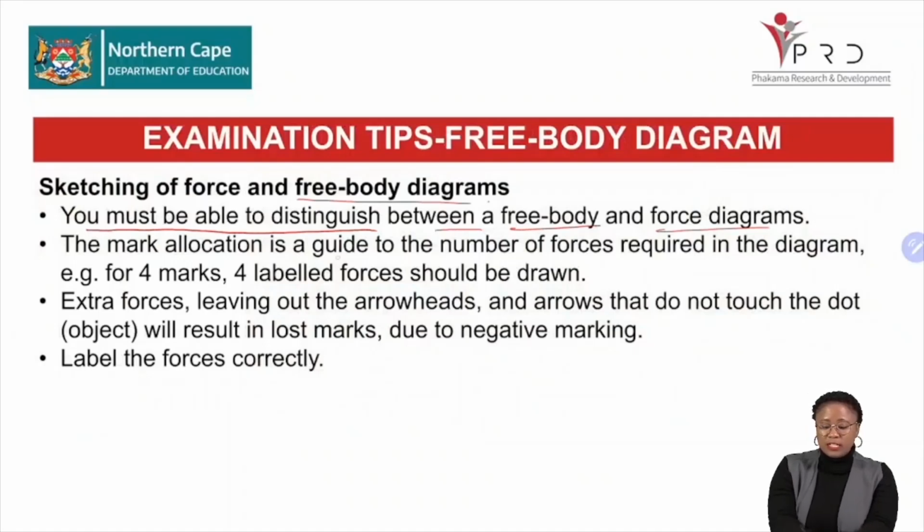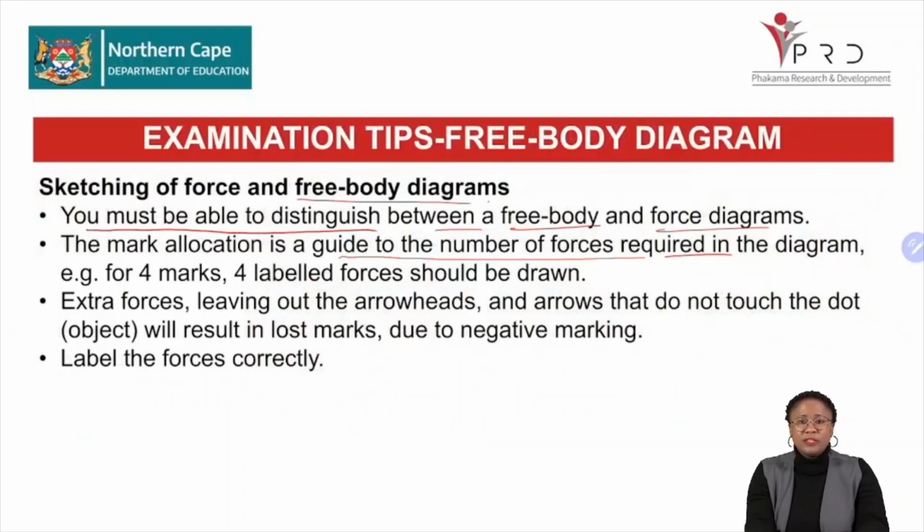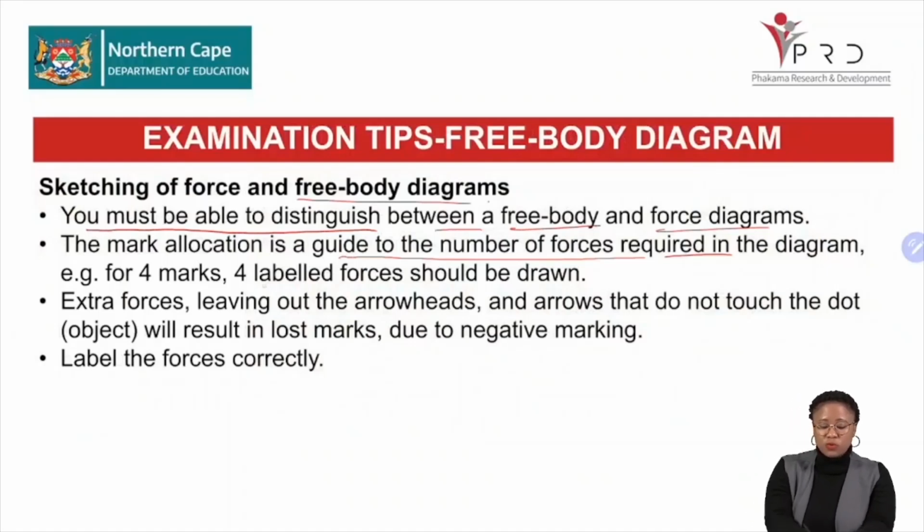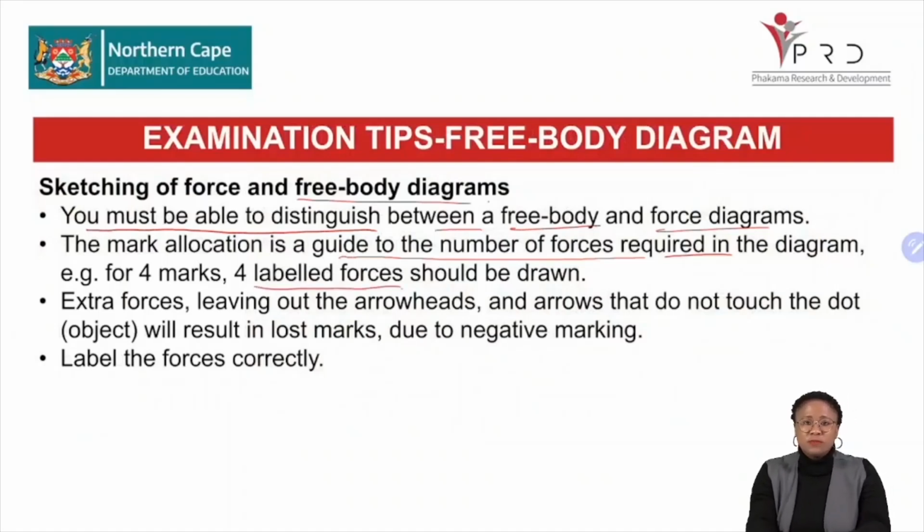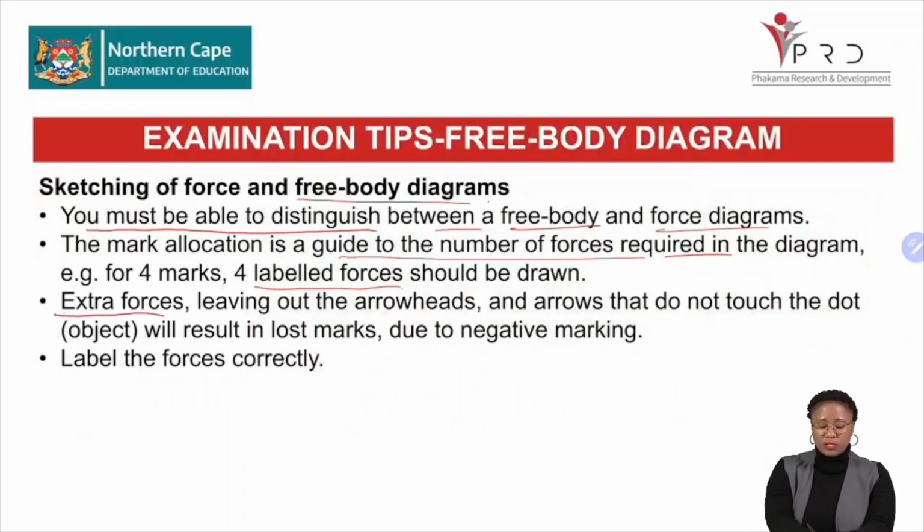Mark allocation is the guide to the number of forces required in the diagram. For example, the examiner might say draw the free body diagram for the following, for 4 marks. Then you must know that 4 forces must be drawn, whether you are drawing your free body diagram or your force diagram.